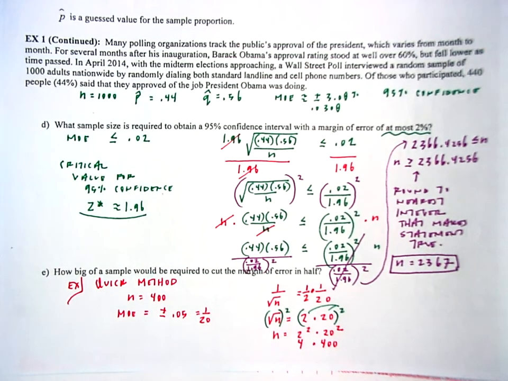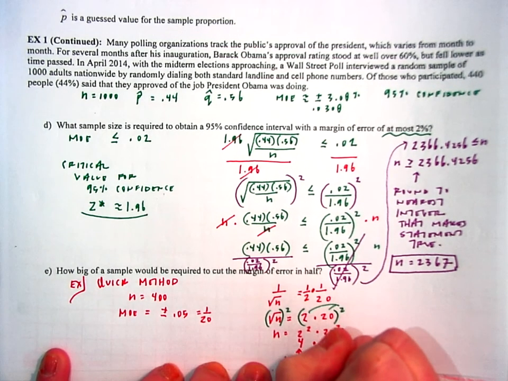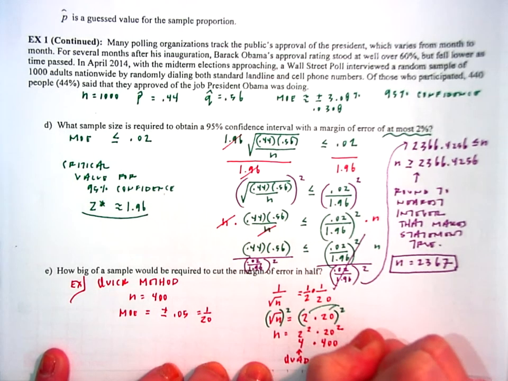So if I want to cut the original margin of error in half, make it half of its original size, then I have to quadruple my sample size. So here that 4, right, that's telling me I had to multiply by 4 or quadruple.